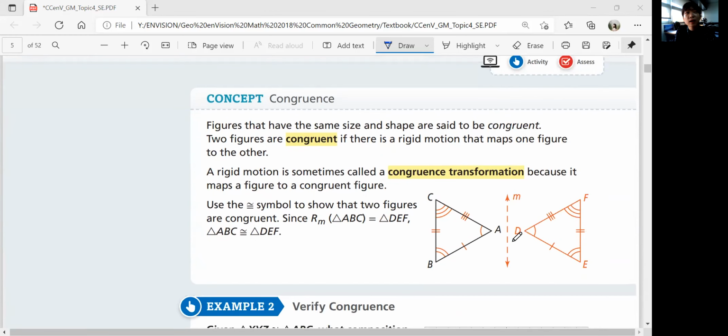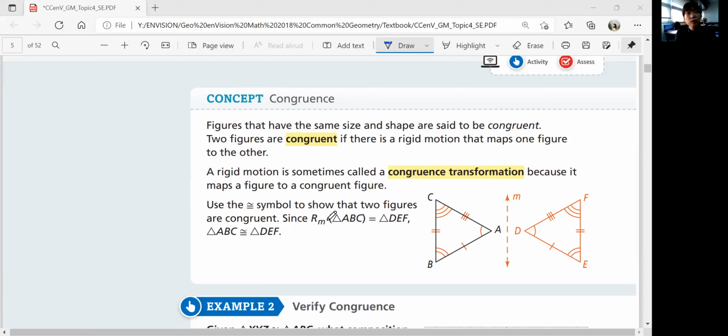So let's define congruence. Figures that have the same size and shape are said to be congruent. Two figures are congruent if there is a rigid motion that maps one figure to the other. Rigid motion is sometimes called a congruence transformation because it maps a figure to a congruent figure.